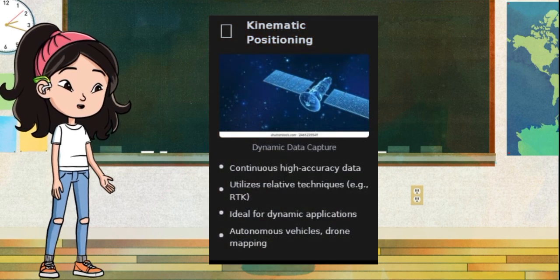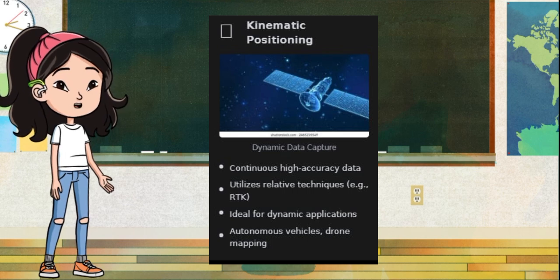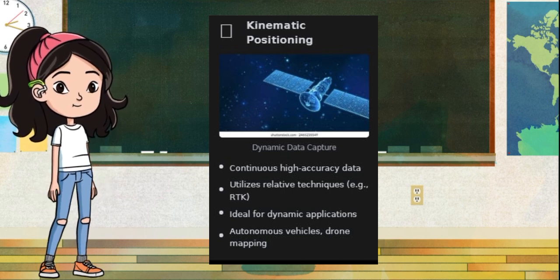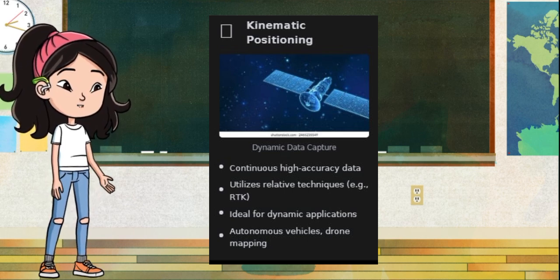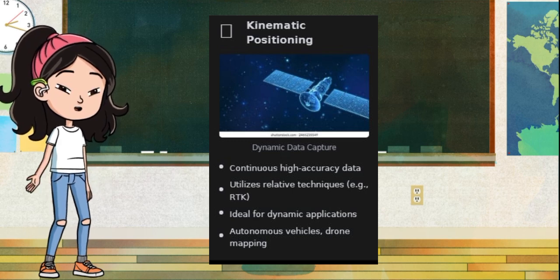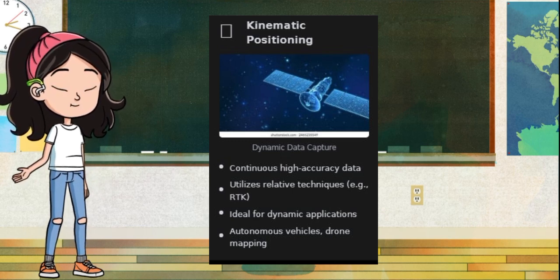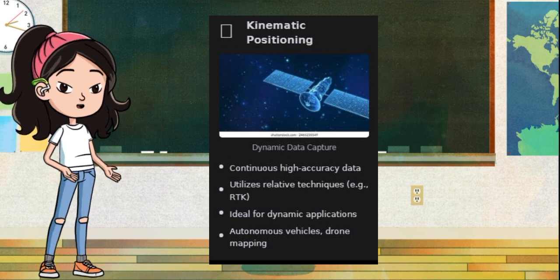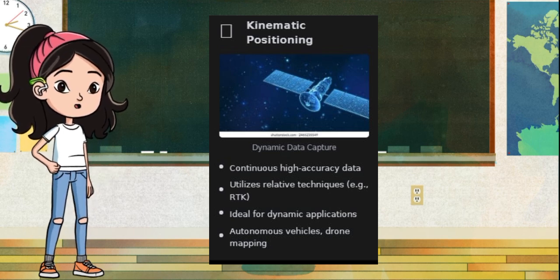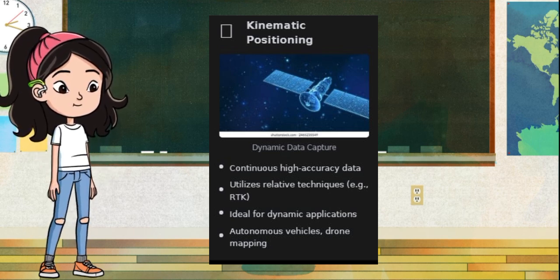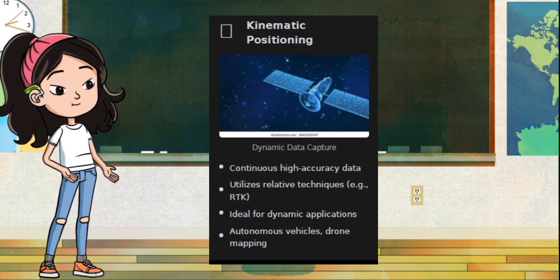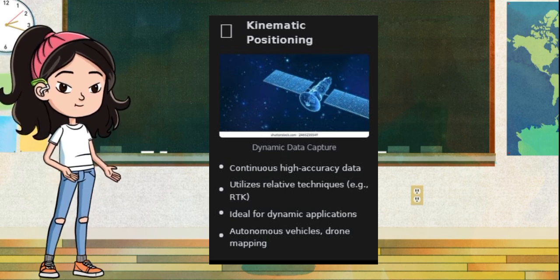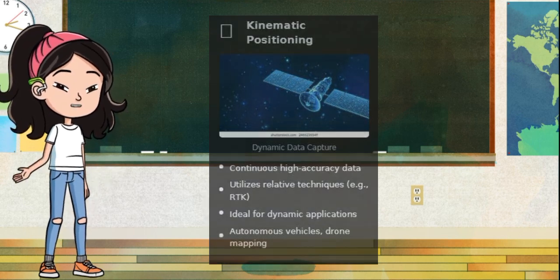Well, it has continuous high accuracy data. It utilizes relative techniques, for example, the RTK. It is ideal for dynamic applications such as autonomous vehicles or drone mapping.